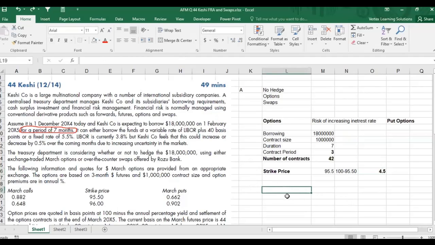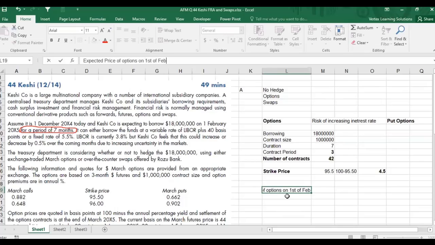Now, what we need to do is calculate how to do it. If you remember, we said that we know our strike price, but we need to calculate the expected price of options on 1st of February.